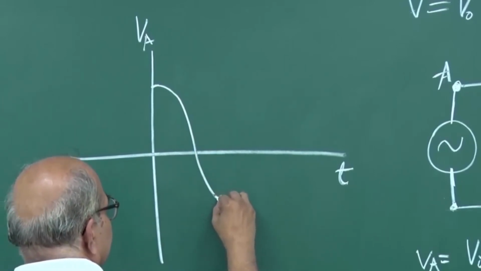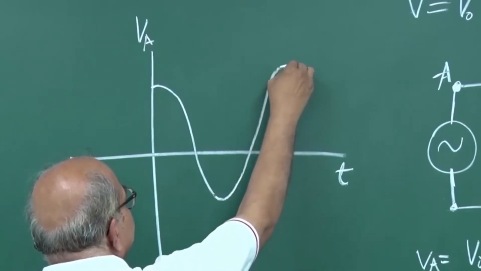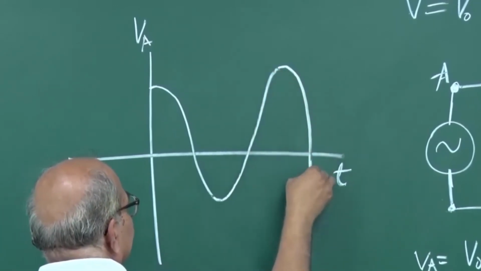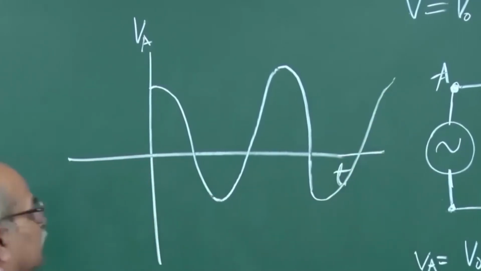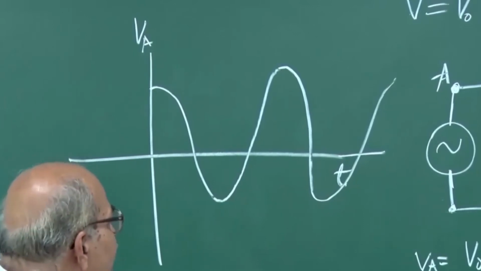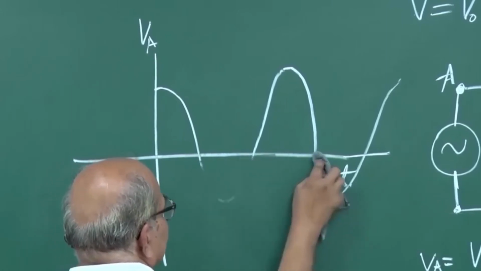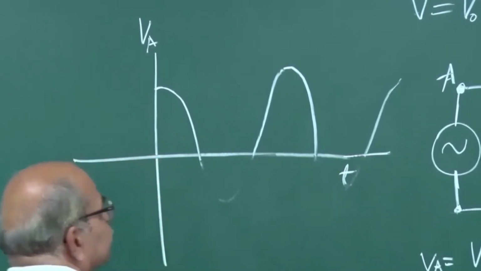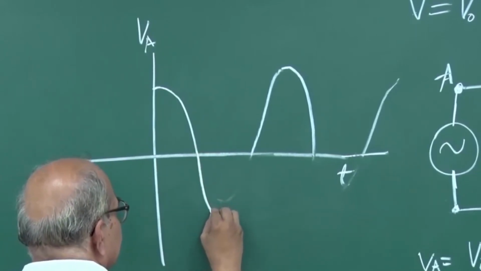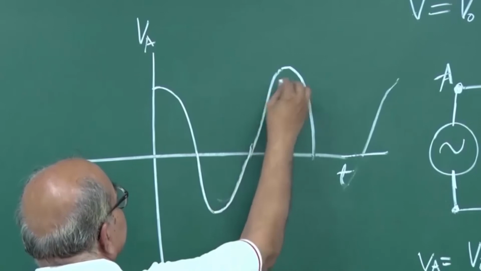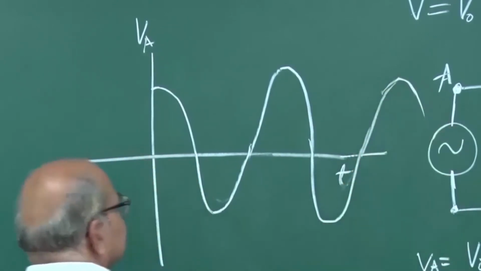It's not a good drawing, but bear with me. Let me try to improve. This should go to the same height, so let it be up to here, then again up to here, and so on.